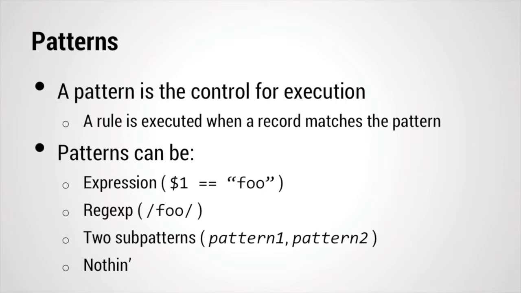And when you go this route, you're matching a range of records between two patterns, meaning it includes records starting with and including the first record that matches the first pattern, and ending with and including the last record to match the second pattern. Then you can also give no pattern, in which case every record in the input will match, so your action will be run for every record in the input.